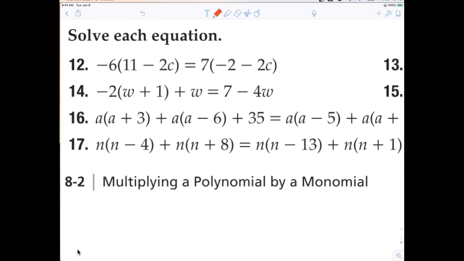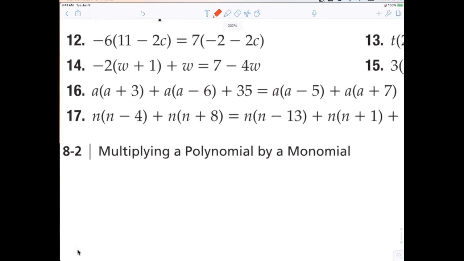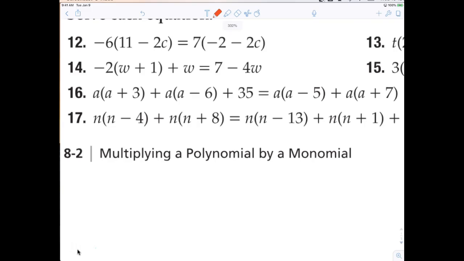Now, solving the equations. I want everybody to take a look at number 12. Write out number 12, and then somebody just tell me what the answer is. Everybody should be able to do number 12. We did this the first week of school. C equals. Come on. Concentrate.